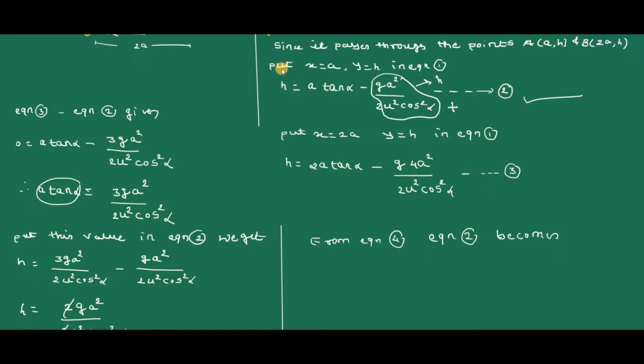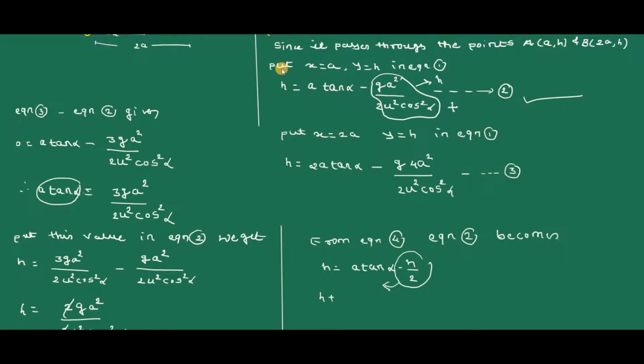So if you substitute, you will get h is equal to a tan alpha minus h divided by 2. That is, h is equal to a into tan alpha minus h divided by 2. Then transpose this minus h by 2 to the left hand side.